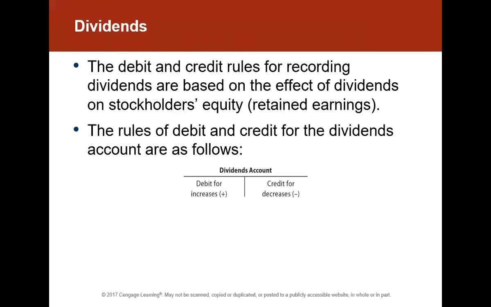Again, the two accounts that increase equity are common stock and revenue. So those both increase on the credit side as well. And then on the left, we have dividends and expenses.